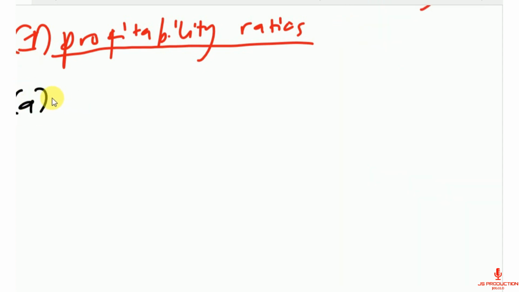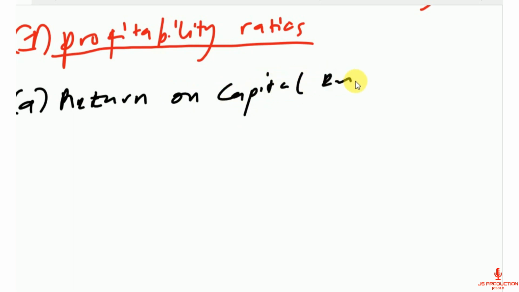So we have return on capital employed, abbreviated as ROCE.